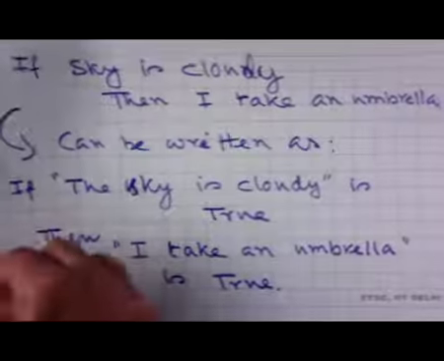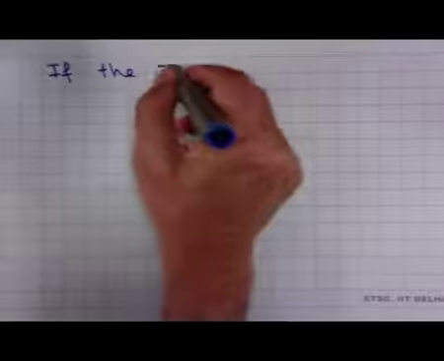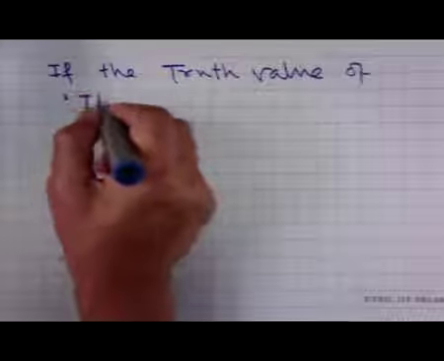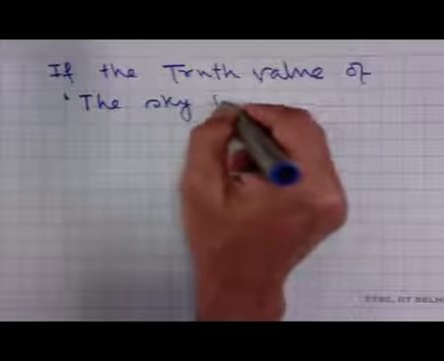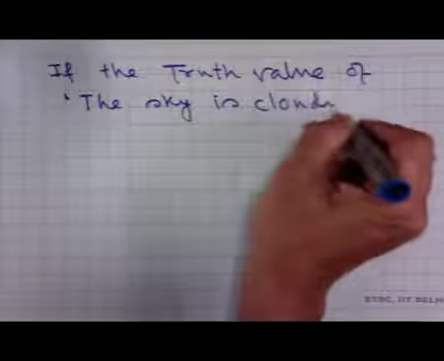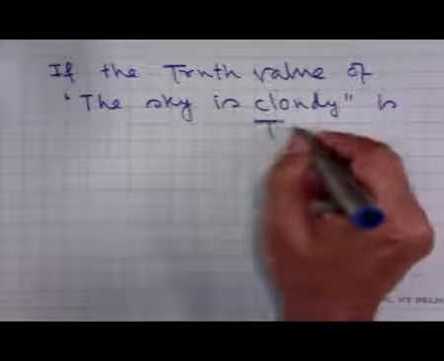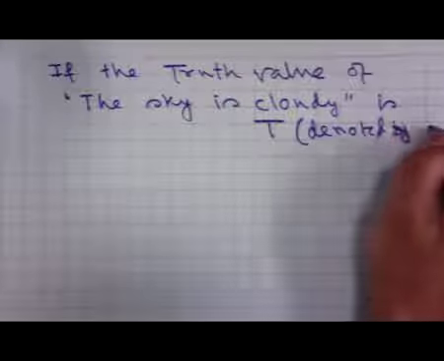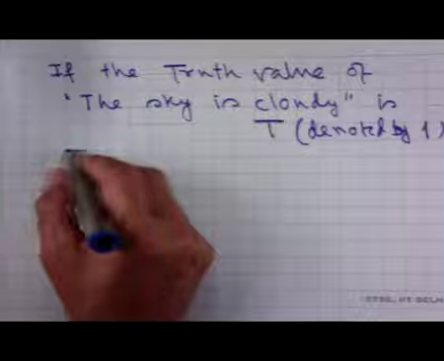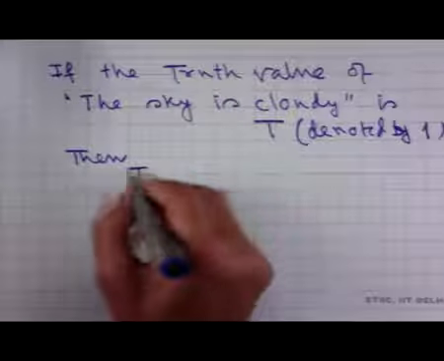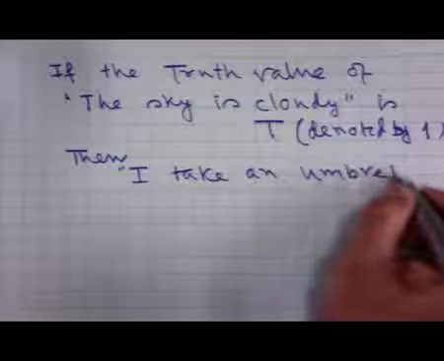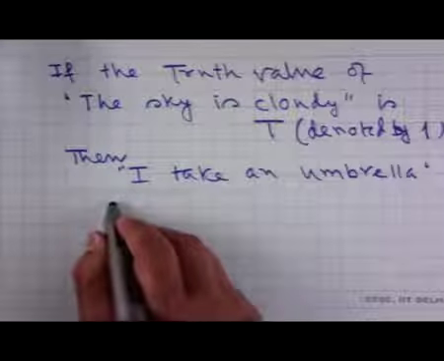Or in other words, if the truth value of the sky is cloudy is true, which we denote by 1, then I take an umbrella also has truth value 1.